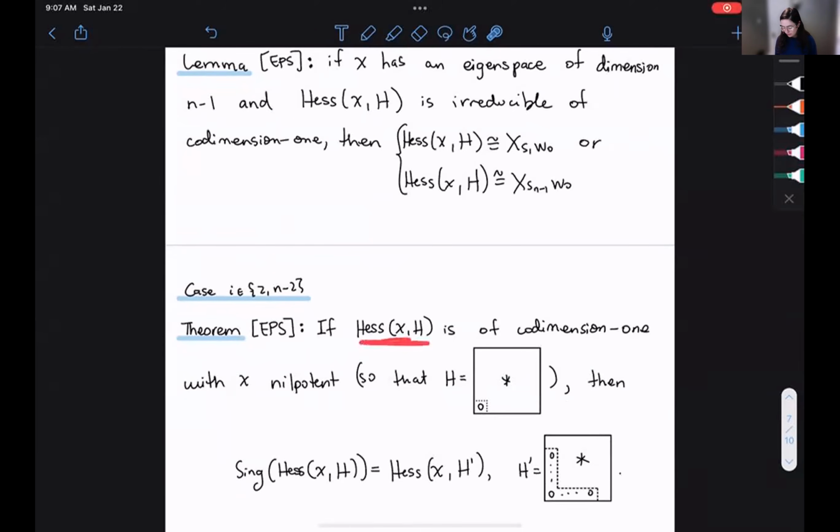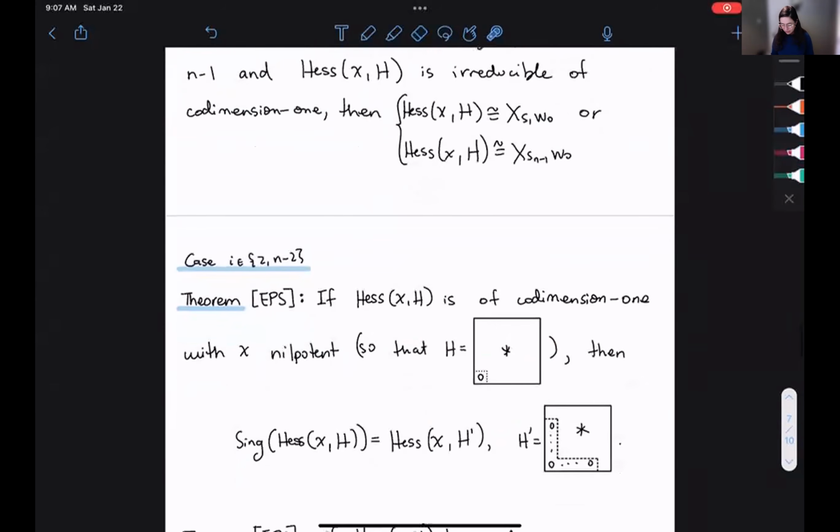So if this Hessenberg variety is of codimension 1 with X nilpotent, and so it being codimension 1 and X being nilpotent forces H to be this Hessenberg space, then the singular locus of your original Hessenberg variety is a Hessenberg variety itself, with the same X, but your H changes. So rather than having this H, your H prime becomes this.